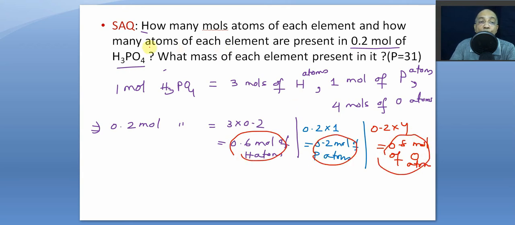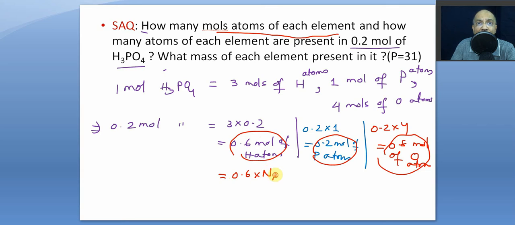How many moles of atoms of each element? You got it. Then how many atoms? The moment you get the number of moles, you multiply by Avogadro's constant to get the number. So that is equal to 0.6 into Na atoms.